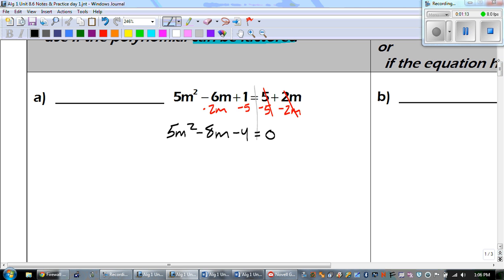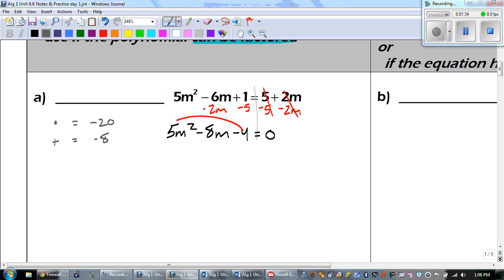So this is where we check, is there a GCF? Nope, no GCF. So I'm going to multiply. I'm looking for numbers that multiply to get -20 and add to get -8.